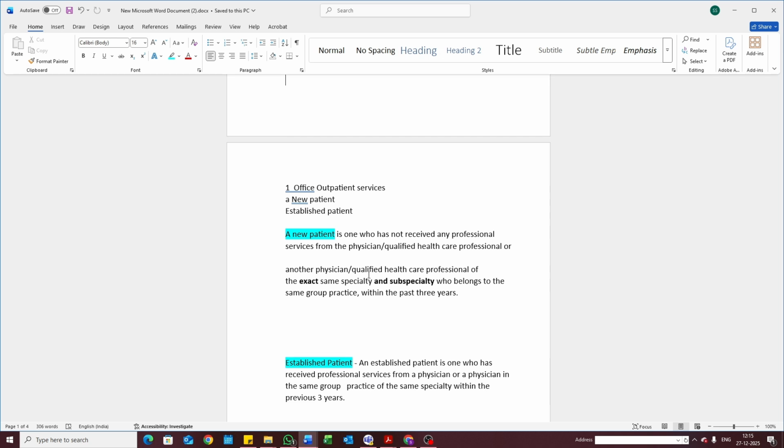In this case, the patient is established for that particular physician or physicians in the same group, suppose urgent care, family practice, etc. Means in the last 3 years the patient has been frequently visiting that physician or group facility.